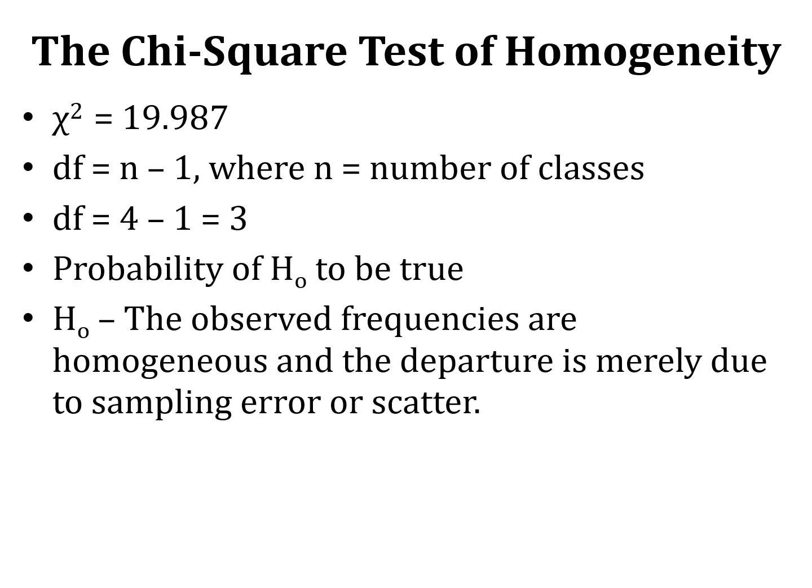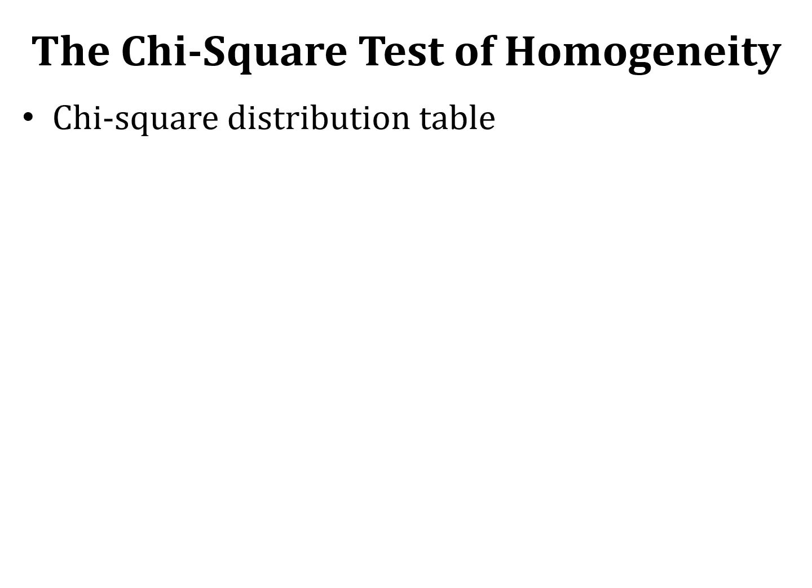Our null hypothesis is that the observed frequencies are homogeneous and the departure is merely due to sampling error or scatter. So we compare our calculated value with the table value to see the probability of this null hypothesis being true or not.